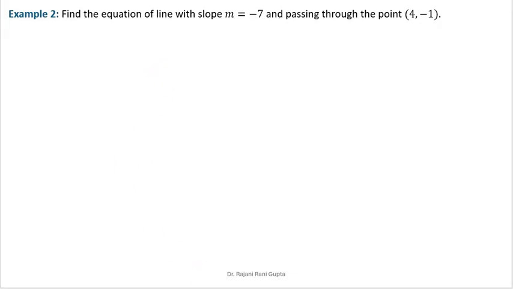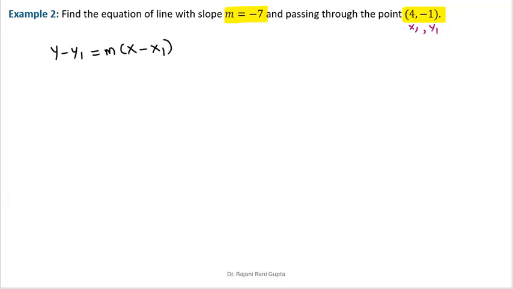Let's take another example. Here the slope is given as minus 7 and the point is (4, minus 1). So this is your x1, y1. Equation of line is y minus y1 equals m times (x minus x1).